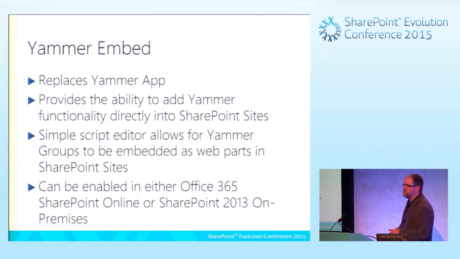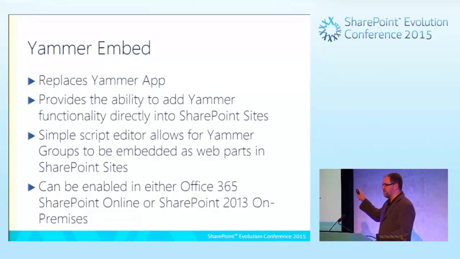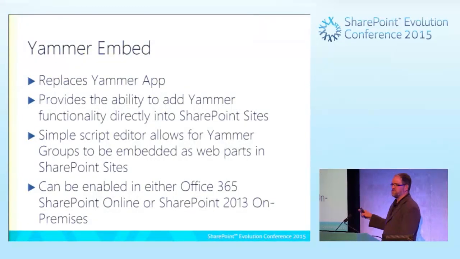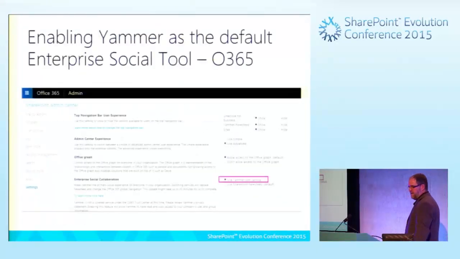So it's a replacement for the Yammer app. It's a simplification of that process, and it's essentially turned on almost by default, although there is one change you have to make to enable those features. And I'll show you that in a second.